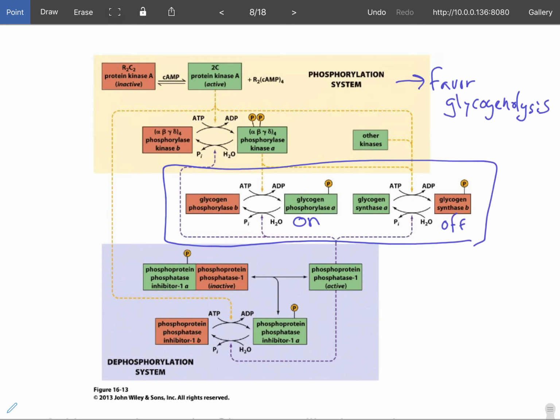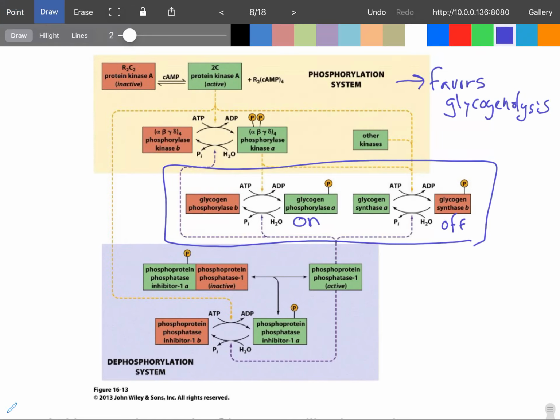And it also means that the cell probably needs energy. And that's why that system has been turned on. I should say favors glycogenolysis here. And then we have the dephosphorylation system, which is going to then remove phosphate groups, as I said. And so that will turn off glycogen phosphorylase and turn on glycogen synthase.